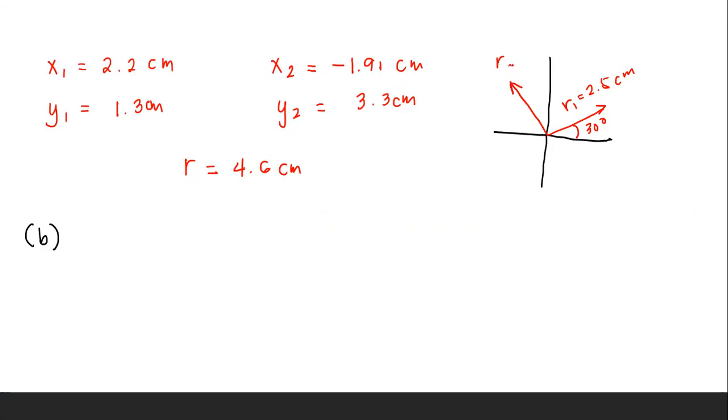R2 is 3.8 centimeters, 120 degrees. 120 minus 30, that is 90 degrees.